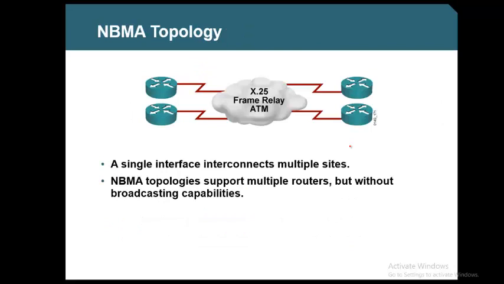Now, what is NBMA topology? This is what NBMA topology is. We have a single interface on each router. You got only a single wire, a single physical serial wire connecting to multiple sites. But to connect to the remote sites, we use a non-broadcast environment which is not capable of supporting broadcast.